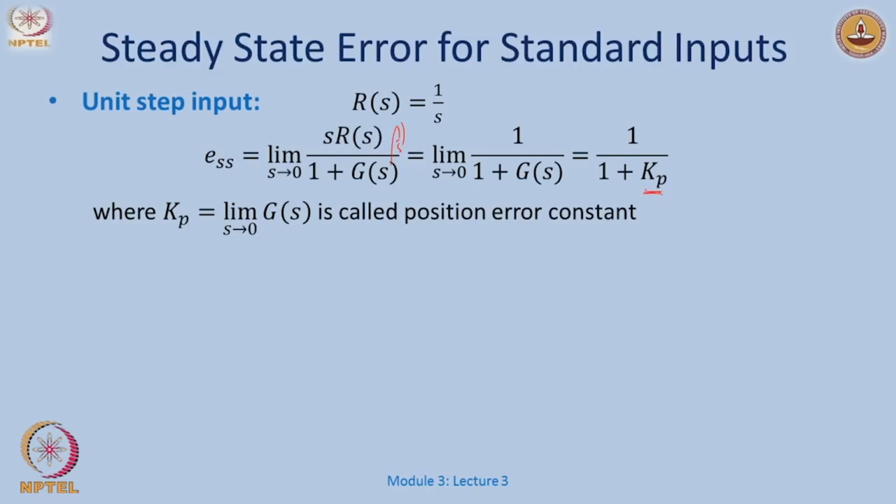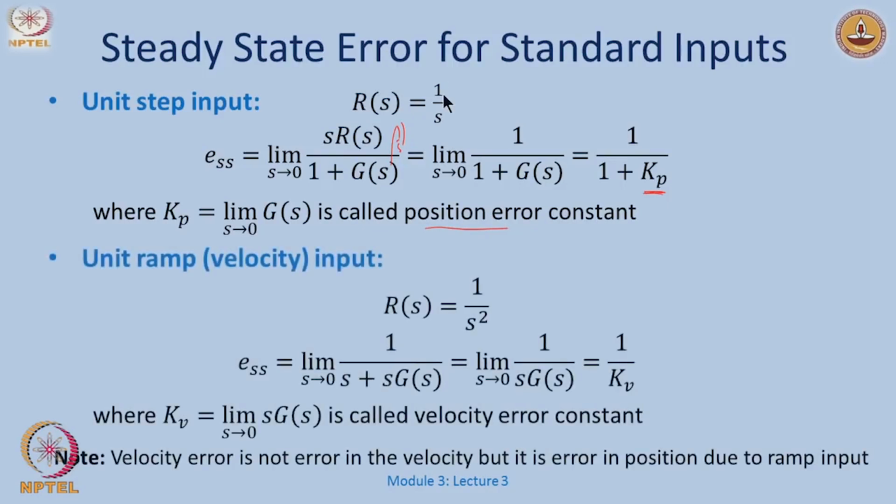We do not really care if this might blow up to infinity or not, right. This, like the DC gain, will always exist. So, Kp, computed as limit s tends to 0 of G(s), is called the position error constant, right. So, I am just tracking a position, a fixed position, 1 over s.